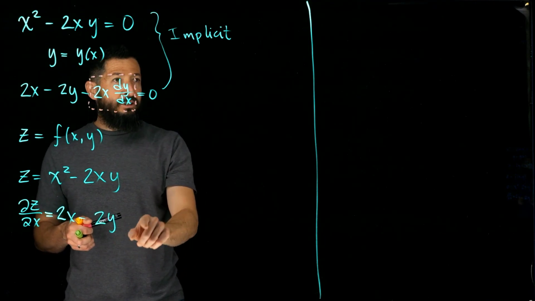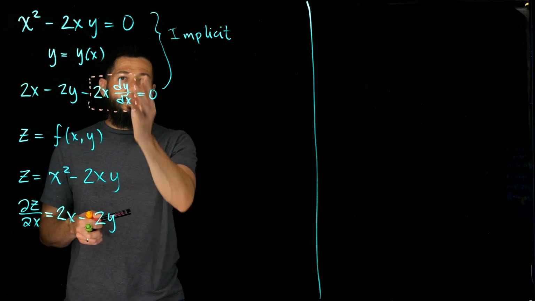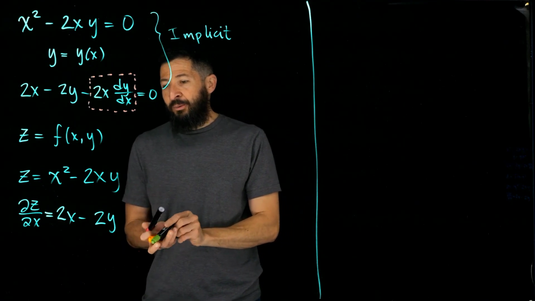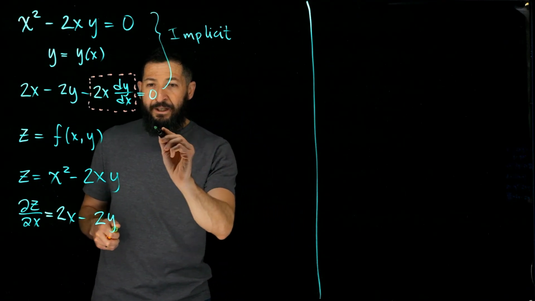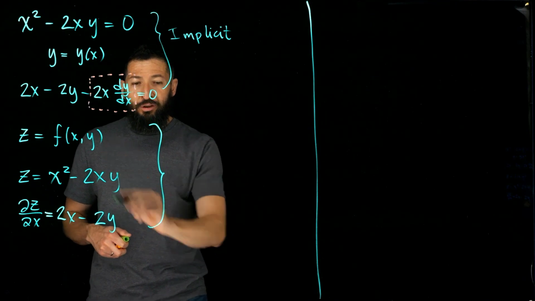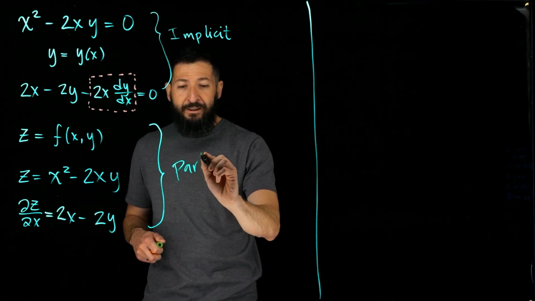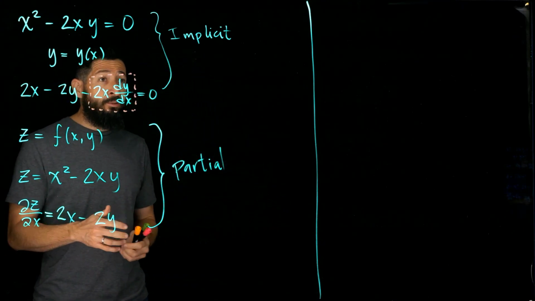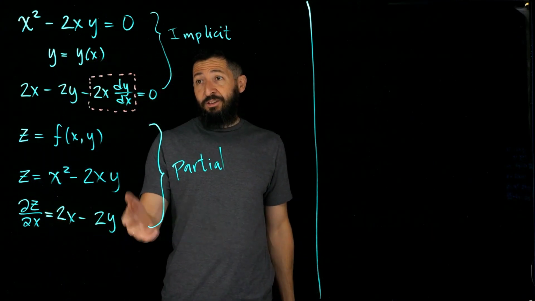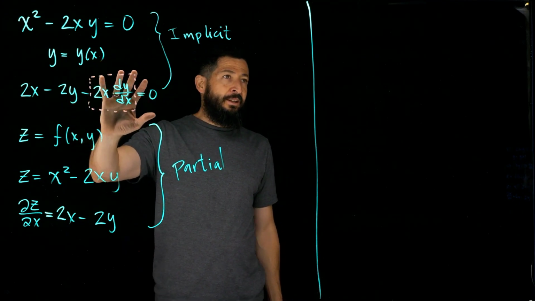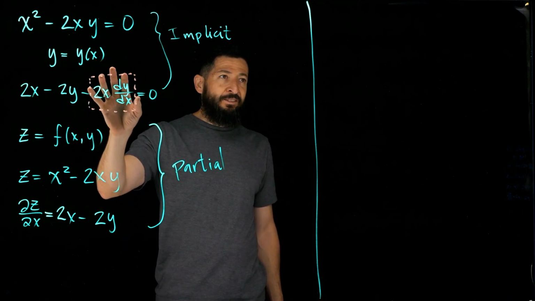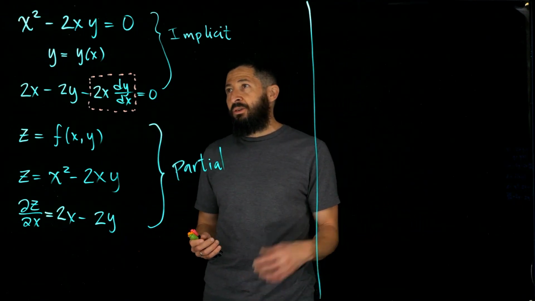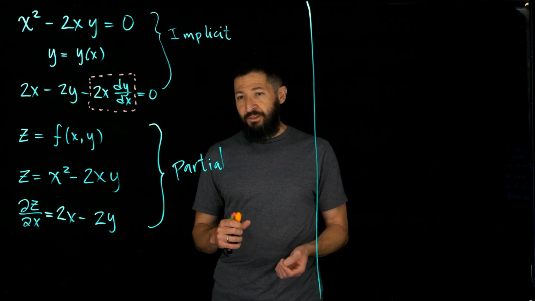But in this case, that term is missing because y is not a function of x, so there's no dependency and this term disappears. So that is what is different. Whenever you're doing implicit differentiation, you're assuming there is a dependence relation there. And whenever you're doing partial derivatives, you're assuming they both are independent. As such, the term that captures the dependence of y and x is gone. So that is the difference between partial differentiation and implicit differentiation.